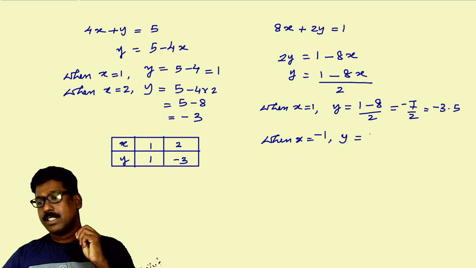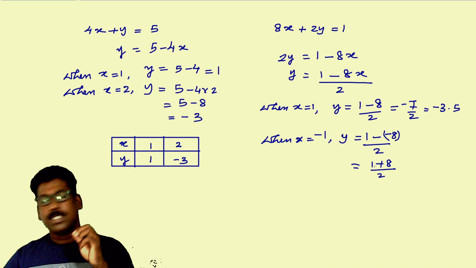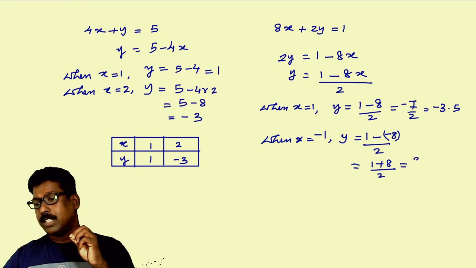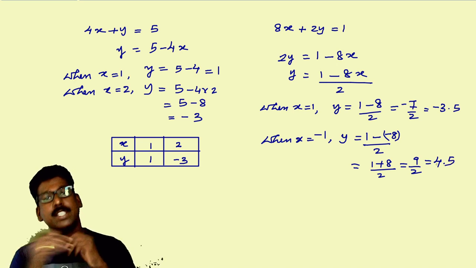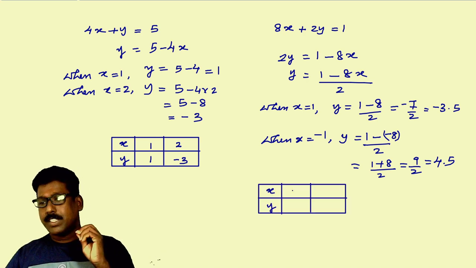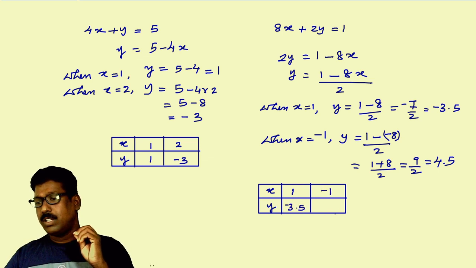You can write it as 1 minus 8 into negative 1, that is negative 8, by 2, which is equal to 1 plus 8 by 2, minus negative 8 means plus positive 8. That is 9 by 2, you get 4.5. Now arrange these points in a table. X is equal to 1, y is equal to negative 3.5. Now x is equal to negative 1, y is equal to 4.5.